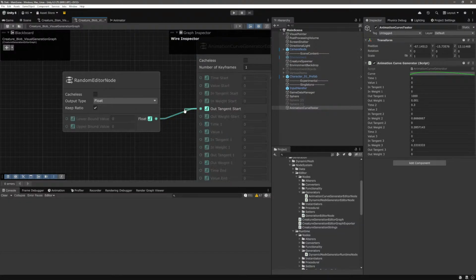Actually, out tangent, I think we want to keep this one at 1,000, but the weight is gonna be between, let's try 0.0005 and 0.0015.